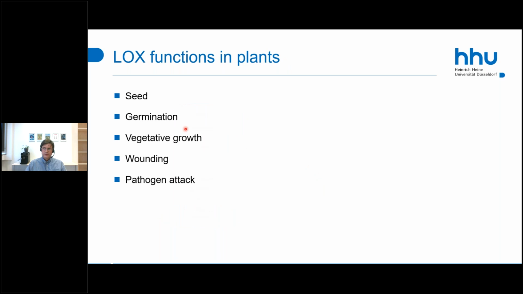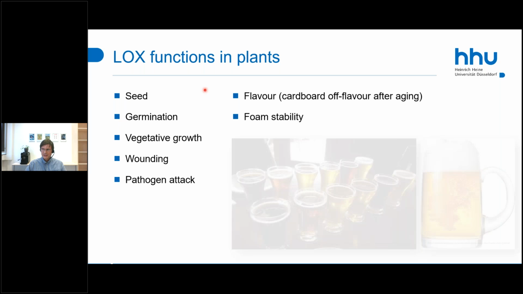There are several functions for LOX proteins described for plant species. They are involved in several processes, but the main process we are interested in in this study is beer quality. On one hand, as I already described, the flavor, and on the other hand, foam stability.